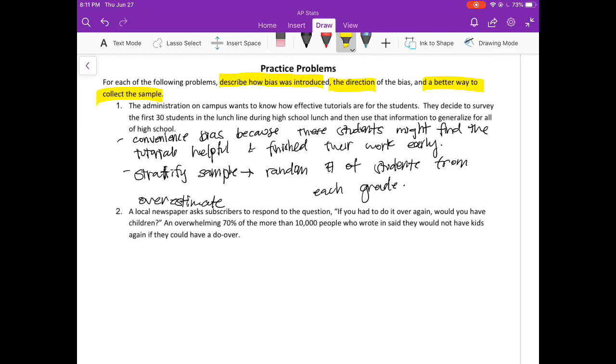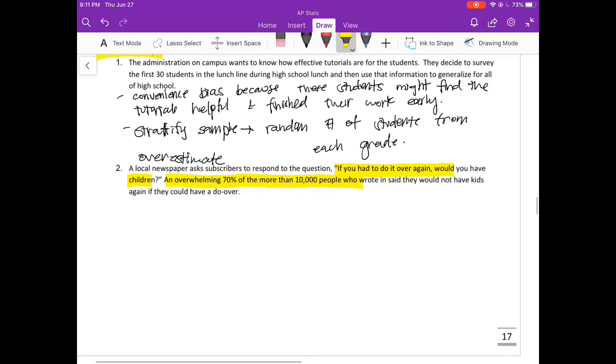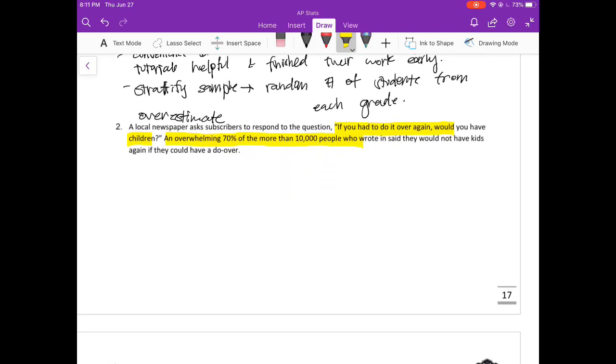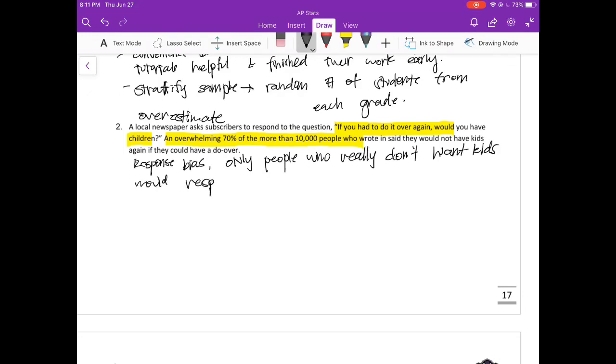Back to number 2, a local newspaper asked the subscribers to respond to the question, if you had to do it over again, would you have children? An overwhelming 70% of more than 10,000 people wrote in and said that they would not have kids again if they could have a do-over. So this is a response bias. Only people who really don't want kids would respond.